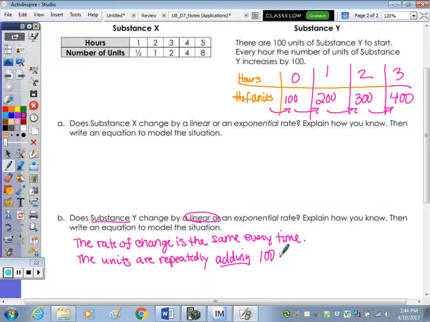So I'll leave substance X as, what's going on here with our values? Multiplying by 2. So that would mean it's doubling, which is linear or exponential? Exponential. And we could say the units are repeatedly multiplying by 2.